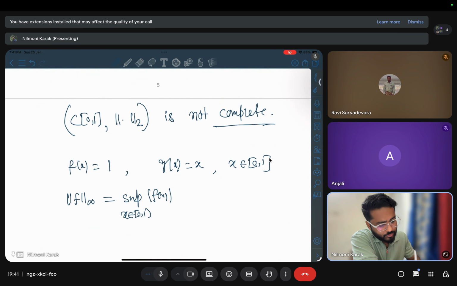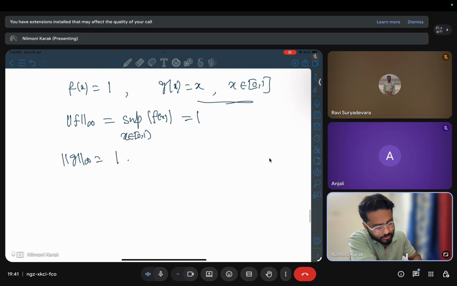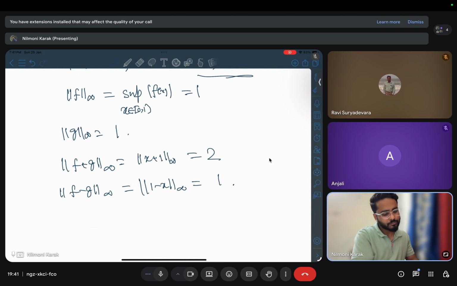The supremum for g is also 1. What is f plus g? This is x plus 1, and the supremum is 2. And f minus g is 1 minus x. The supremum is 1.